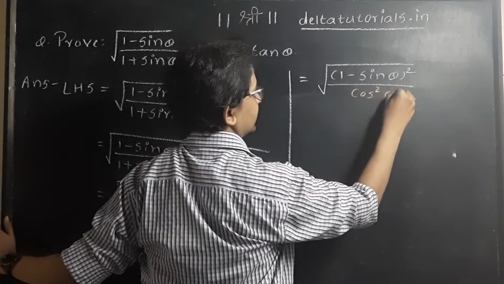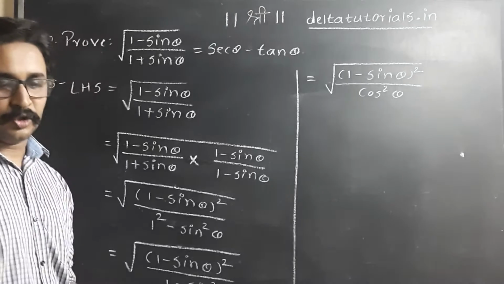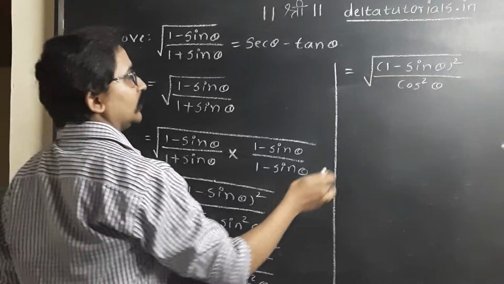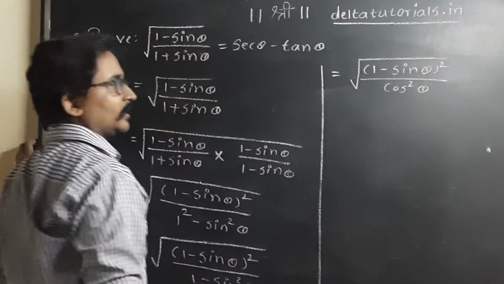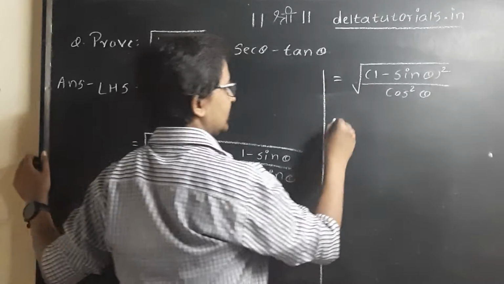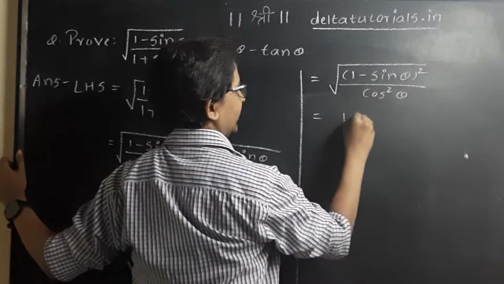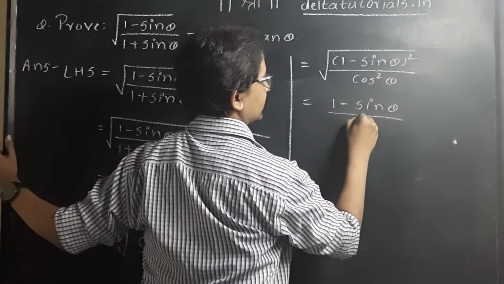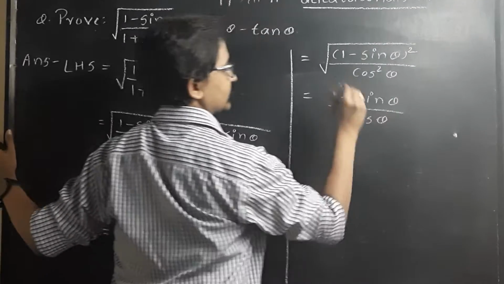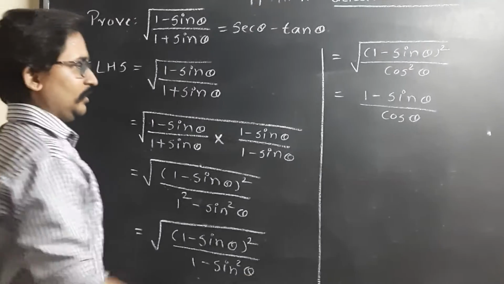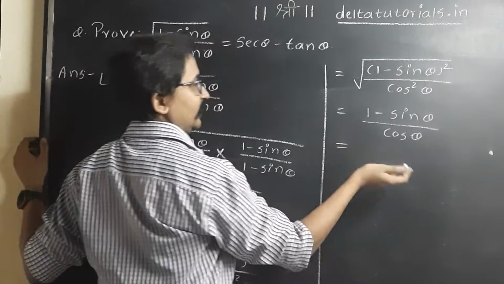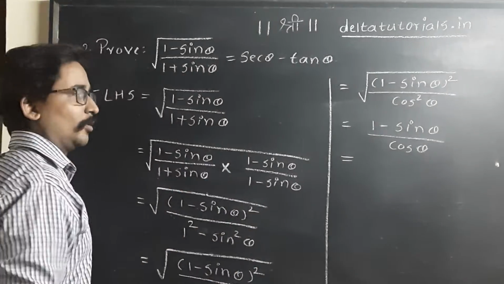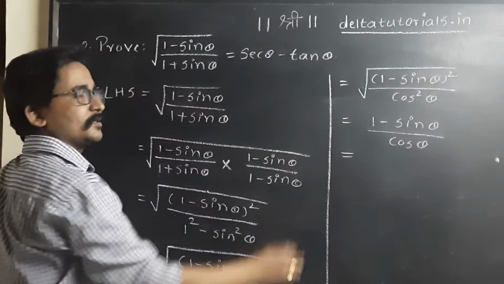So further we need to evaluate this term, and here you can see square and square root will get cancelled with each other. So simply we will write 1 minus sine theta upon cos theta. Now the problem is very easy because we have eradicated the square root sign, which is the most hectic thing in any kind of problems. So always try to eradicate the square root sign.